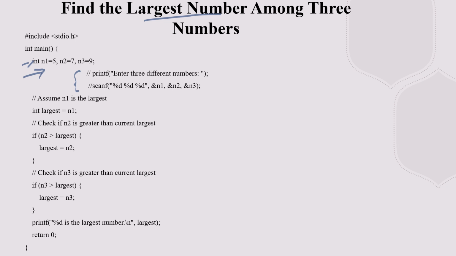So the logic behind this: first you will be checking and comparing the two numbers and finding the largest, and then again you will be making the comparison of this number with this number, and you will be printing the result. The logic is quite simple.